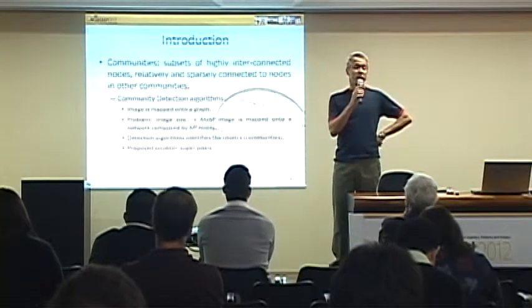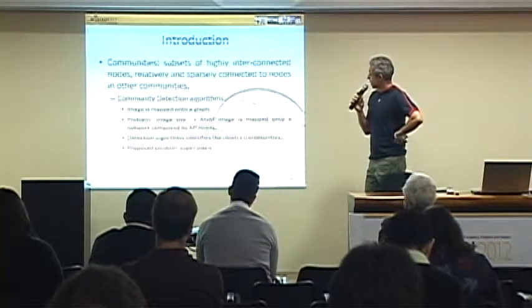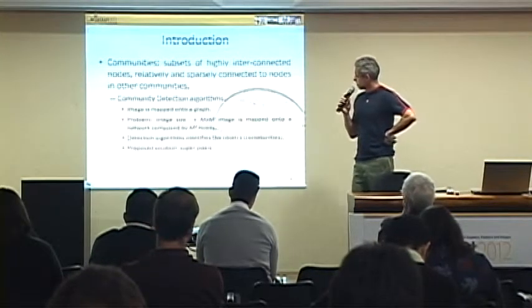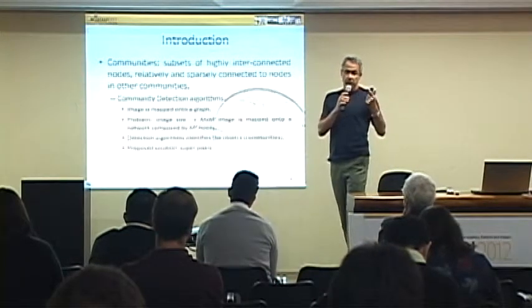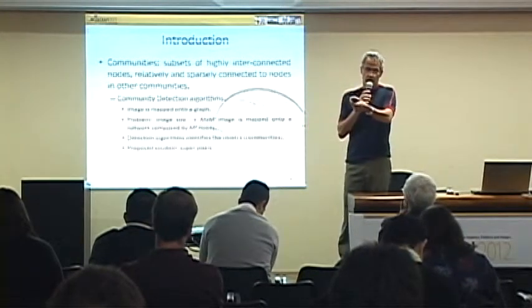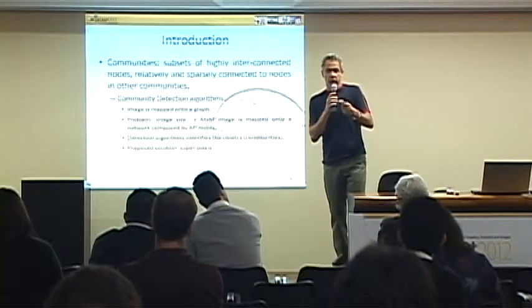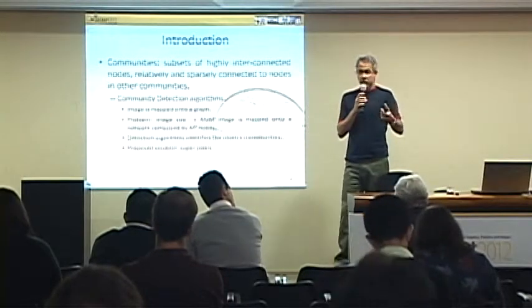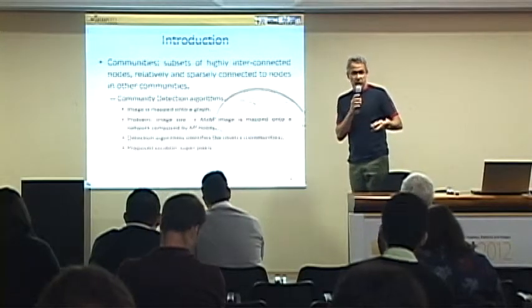So it wouldn't be feasible for larger images than that. So what we are trying to do is, instead of considering a single pixel as a node in the graph, we are going to group a region by means of superpixels, and this is one of the key concepts in our work.